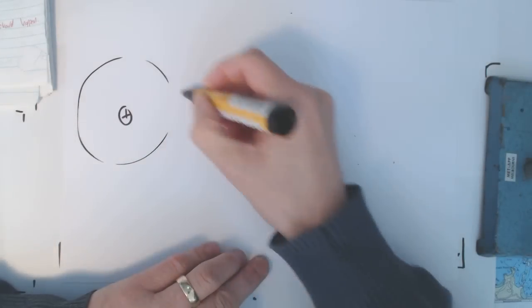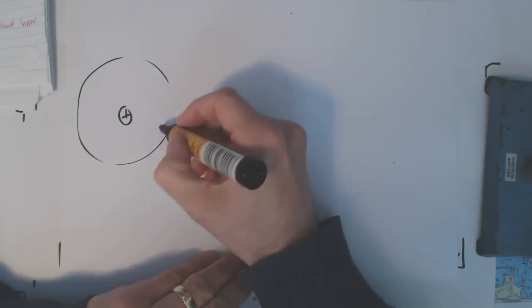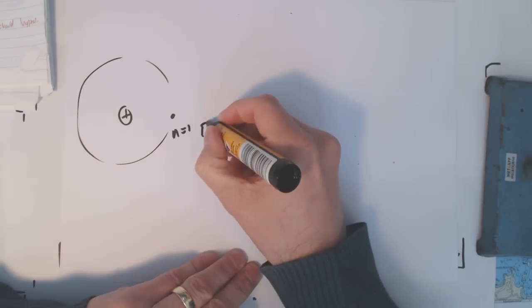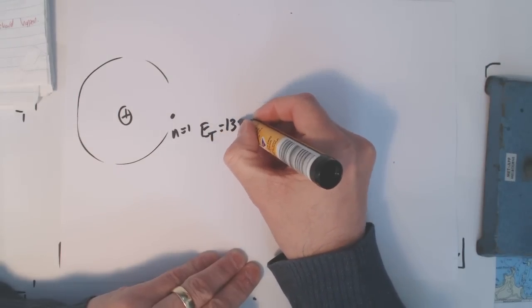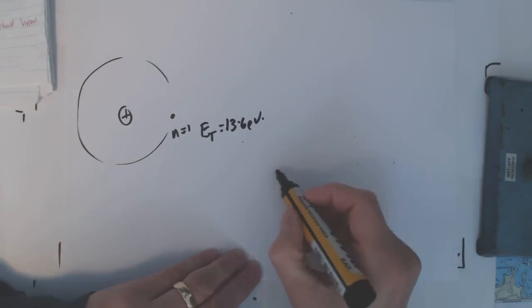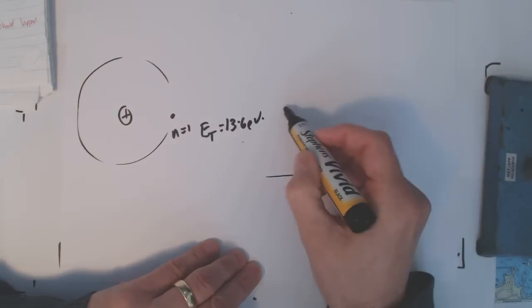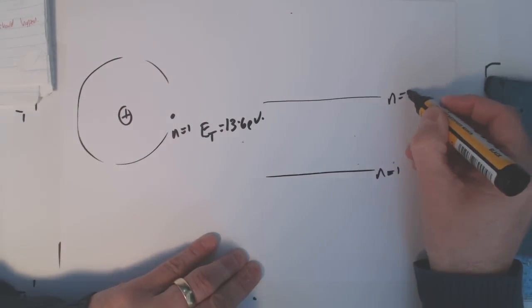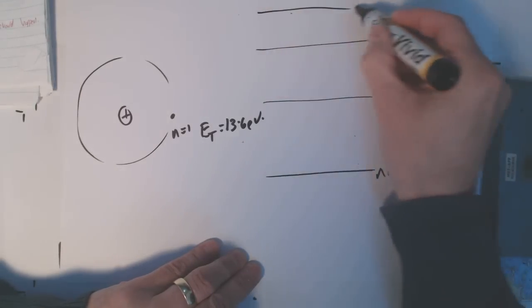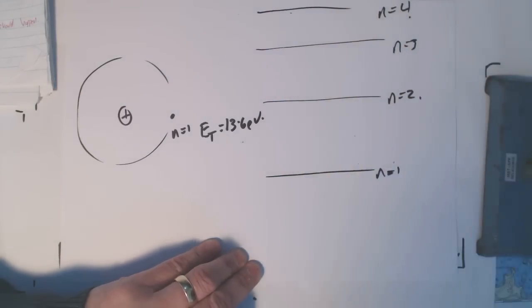where we find out that for this hydrogen atom with its energy levels, in the base state where n equals 1, it has a total energy of 13.6 electron volts. Now, that's our n equals 1 from that Rydberg, and it will have a different energy at n equals 2, n equals 3, n equals 4, all right?